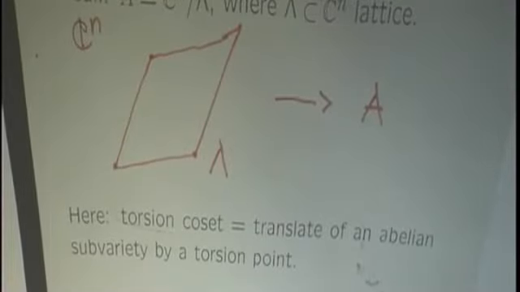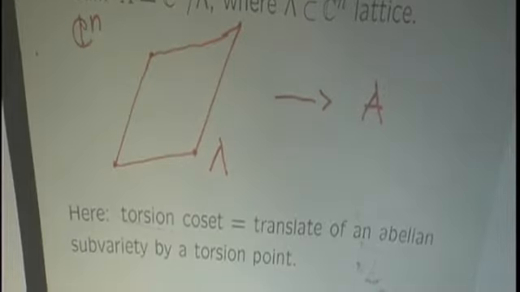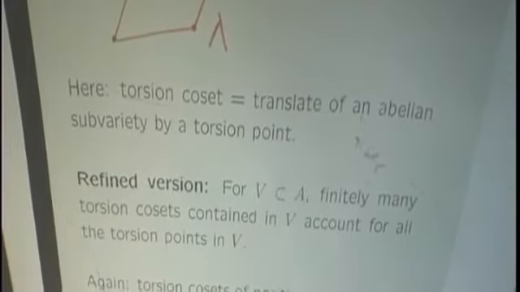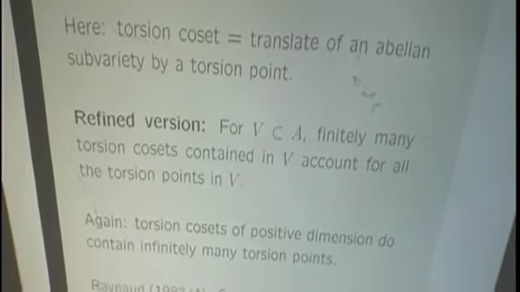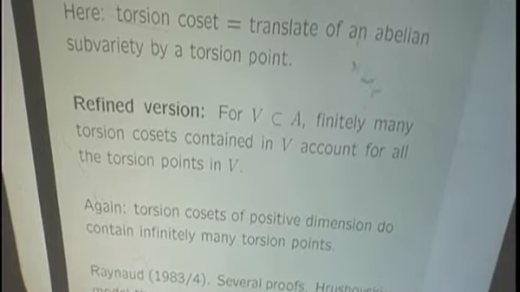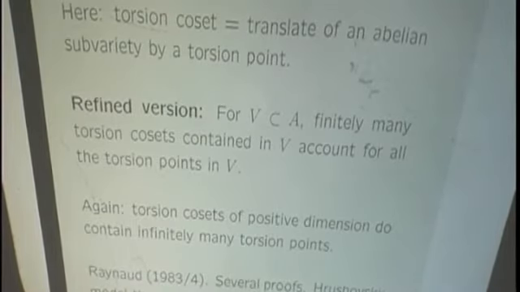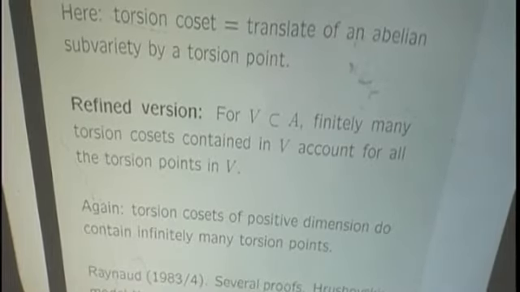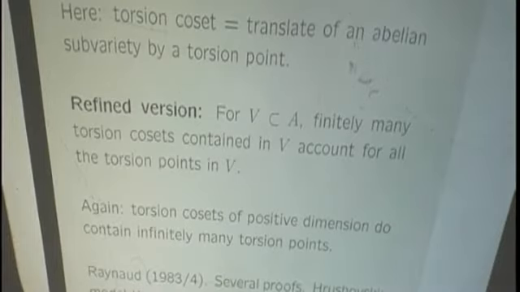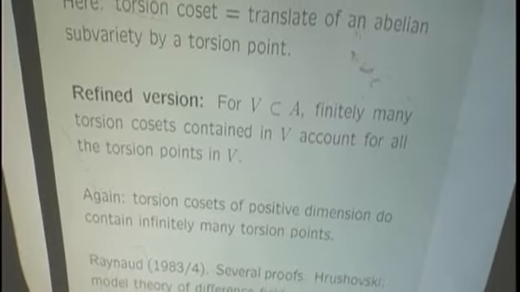Torsion cosets will be translates of an abelian subvariety by a torsion point, and we have this refined statement: for a subvariety V, there are only finitely many torsion cosets contained in V that contain all the torsion points. This has several proofs after starting with Raynaud, including a proof using model theory by Hrushovski. But it's quite a different kind of model theory to this proof.